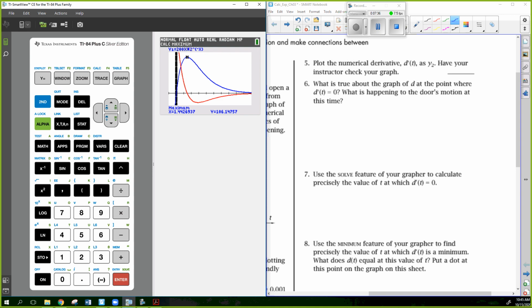I just want to make sure you can interpret information from a graph into the context of the problem, because that's really what calculus is all about. We're going to be relating real context to graphs, and you have to be able to make that relationship and explain it in words.